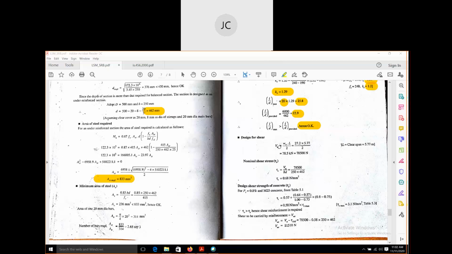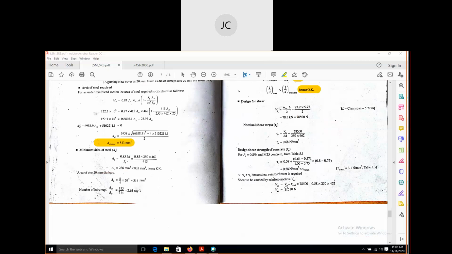I'm not going to explain it here because the last chapter is on shear reinforcement only. So I hope all of you can do the remaining design of shear.